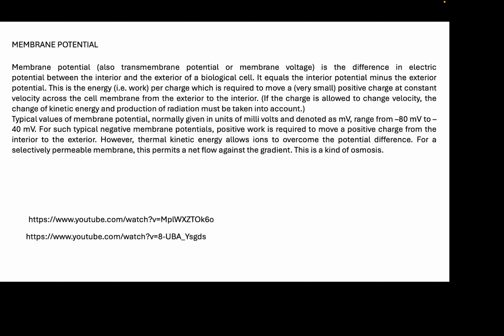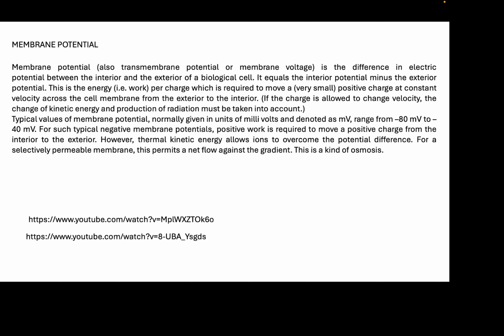If the charge is allowed to change velocity, the change of kinetic energy and production of radiation must also be taken into account. Typical values of membrane potential, normally given in units of millivolts and denoted as mV, range from -80 millivolts to -40 millivolts.